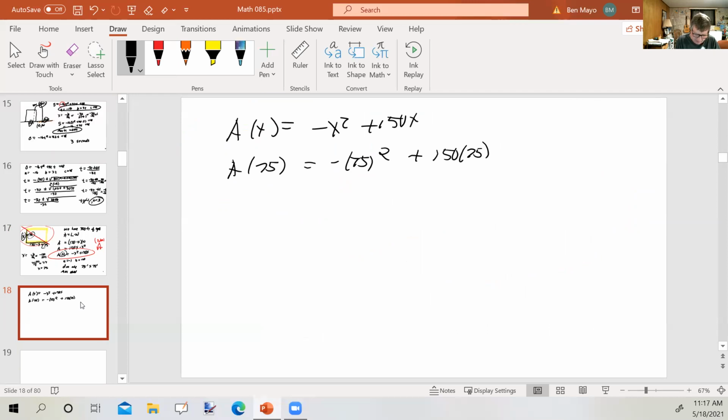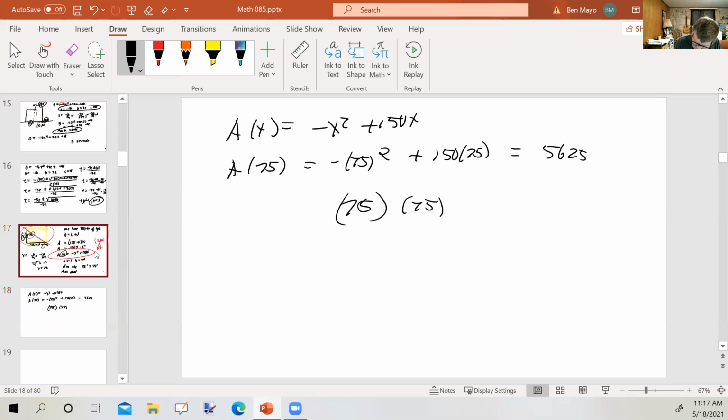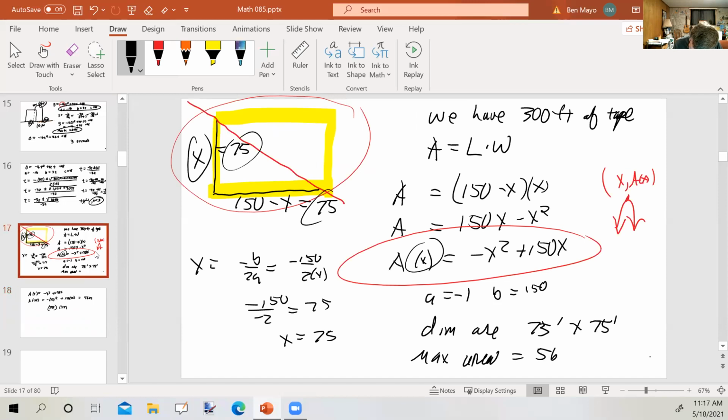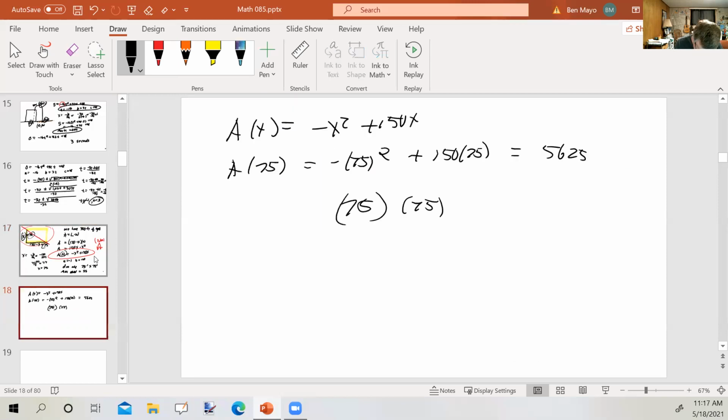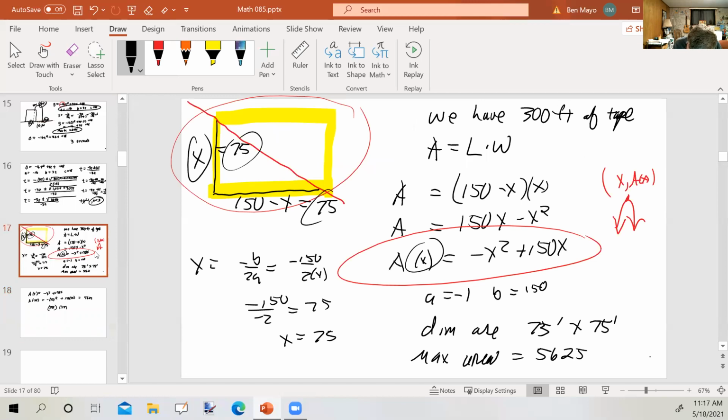Oops, got to turn the calculator on. Negative 75 squared plus 150 times 75. And we get 5625, which, like I said, is also the same thing as taking 75 times 75. So the maximum area is 5625, and that would be square feet.